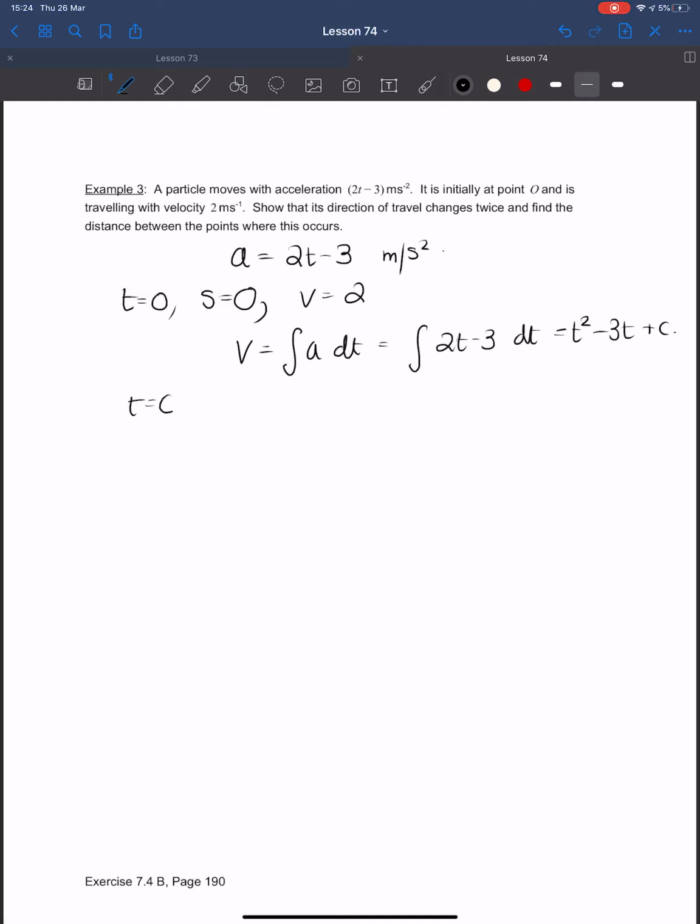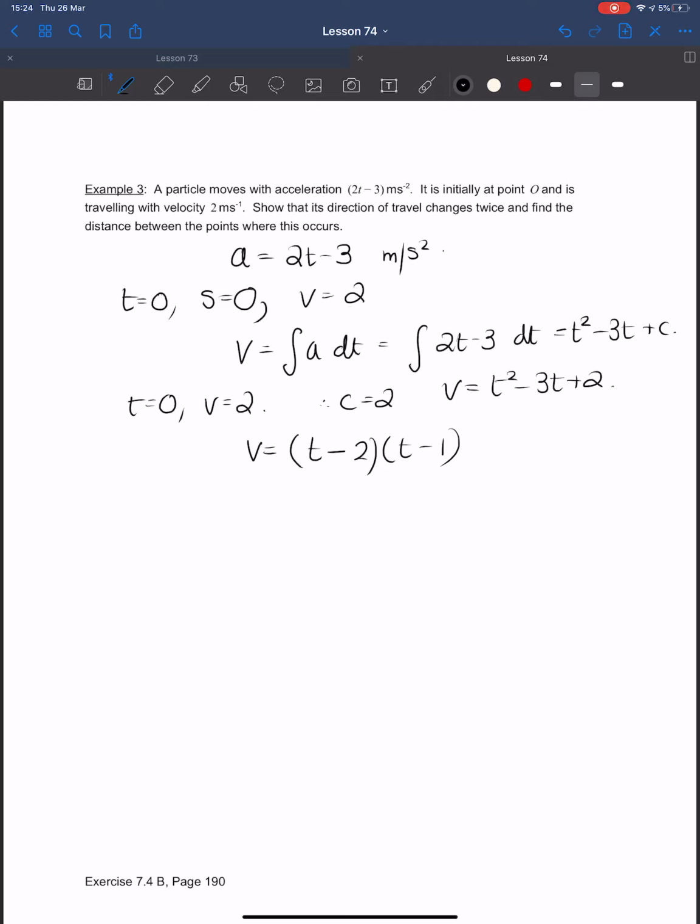We can say t equals 0, v equals 2, so therefore c is 2, and v is t squared minus 3t plus 2. Okay. Now this velocity is a quadratic, and this quadratic will factorise. So v is actually (t minus 2)(t minus 1).